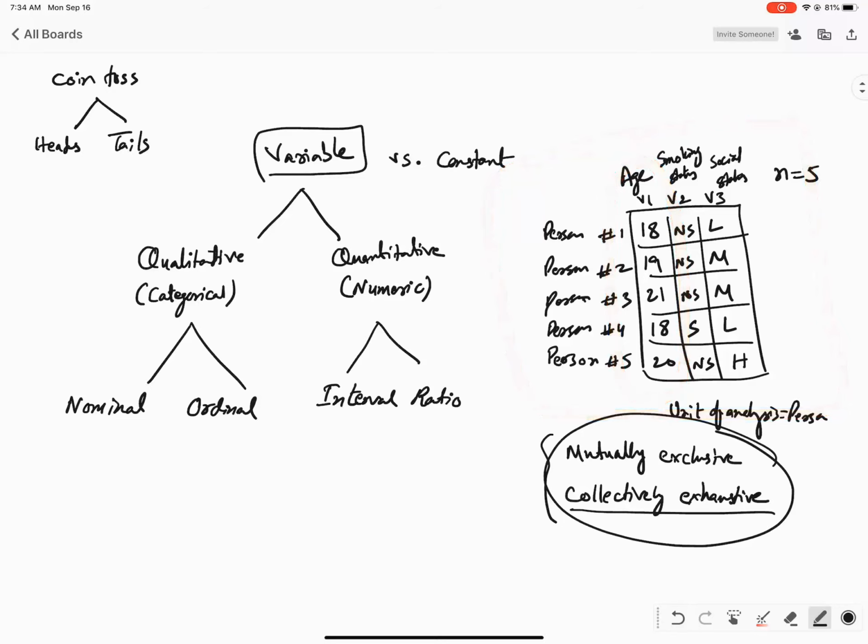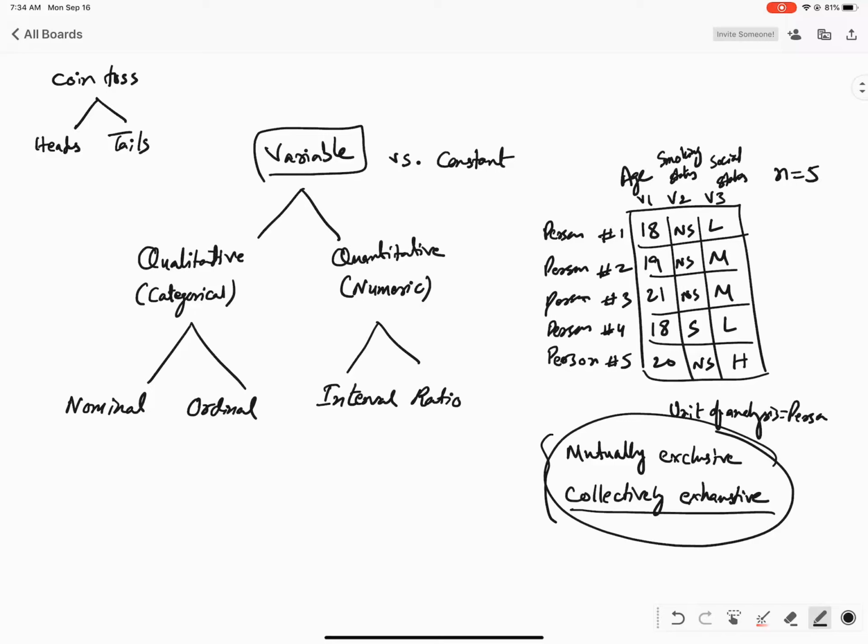But this is not the only condition that is required for a variable to be numeric. Not only should I have numbers in a column, not only should I have a numeric response from each and every individual in my sample, in addition to that, I should be able to perform basic arithmetic operations like addition and subtraction on these numbers. This is the bare minimum.